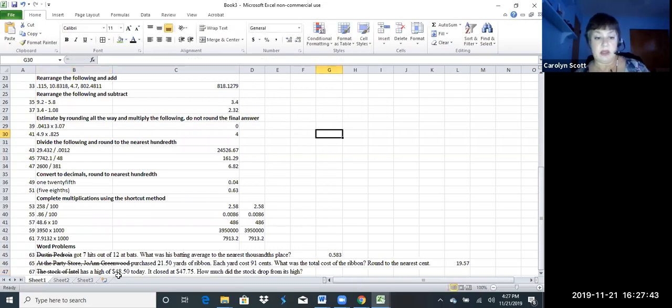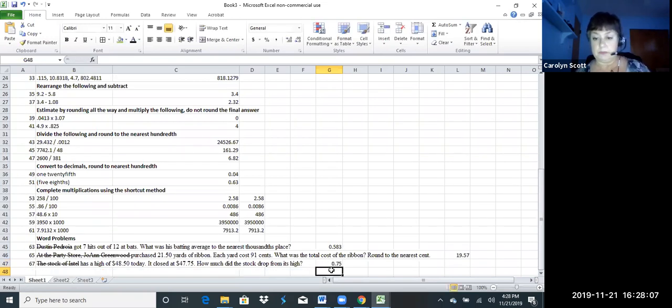And so we have a high of 48.5. And it closed at 47.75. So it dropped by, what is the difference? How much did it drop? 48.50 minus 47.75. And it dropped 75 cents.